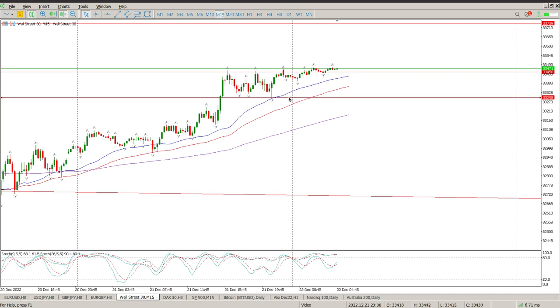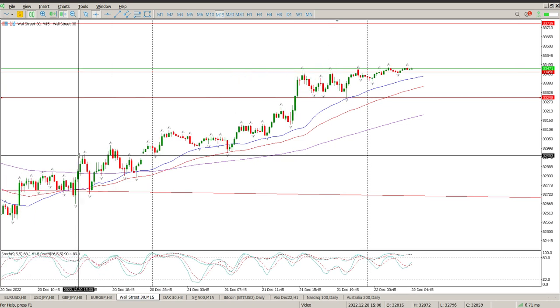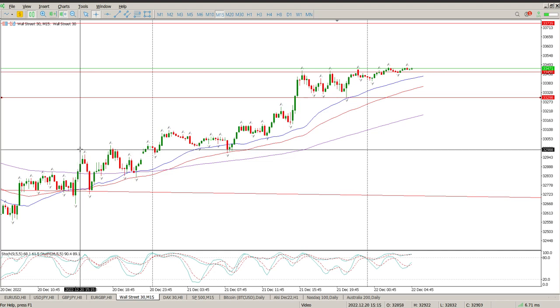If we start dropping below this area here at 33,298, then I would expect us to drop to close this gap. Now, we didn't close the gap, which is kind of common, but what's not common is missing the closest support.